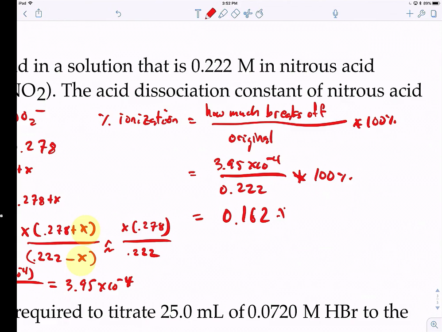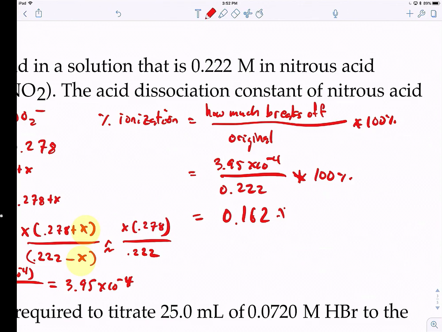If you find out that you break off 3.95 times 10 to the minus 4 molar of hydrogen ion, that's how much in moles per liter this acid breaks apart, and it's originally 0.222 molar. So it's how much broke off over how much it was originally times 100%.